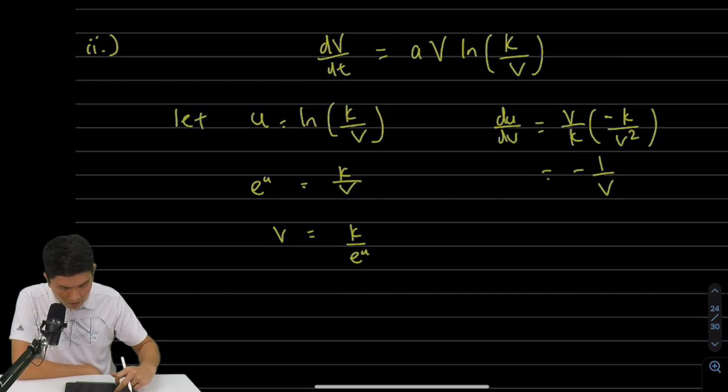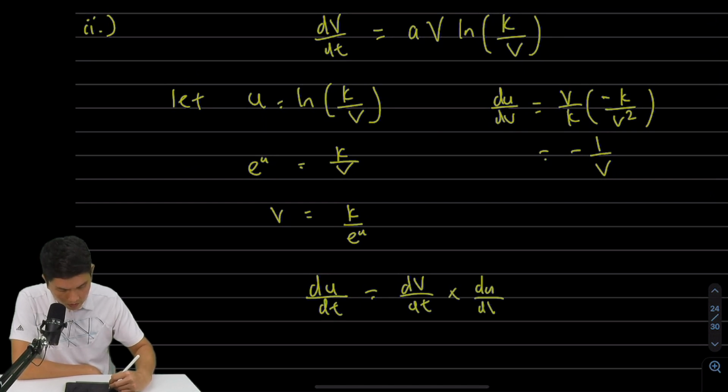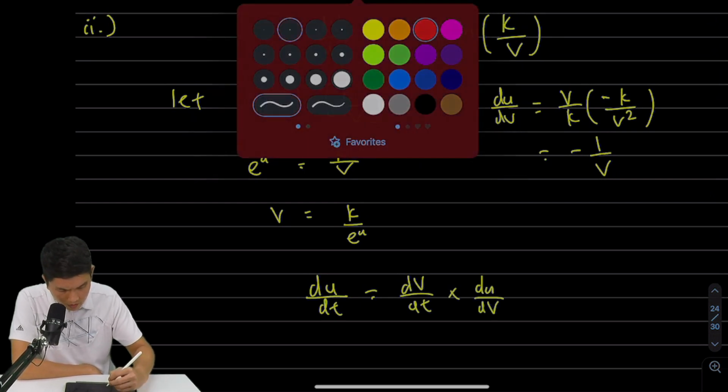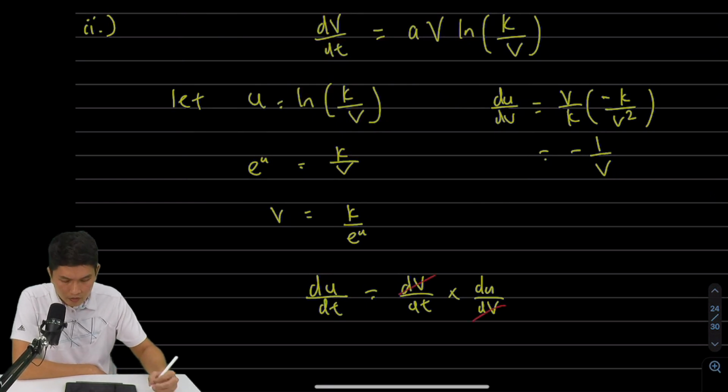Okay, and now I'm ready to do my substitution. du dt is equal to dv dt times du dv. Right, this is by chain rule. Right, you can sort of think of it like the dv and the dv cancel out, but don't actually go and cancel it out.